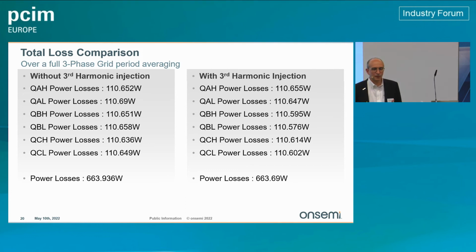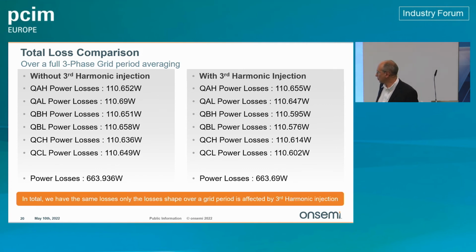So in fact, the third harmonic injection only changed the way the losses are split between the 2 half waves or the 2 half periods, but doesn't affect the total losses here. So only the shape of how the losses are varying over the line angle are changed.